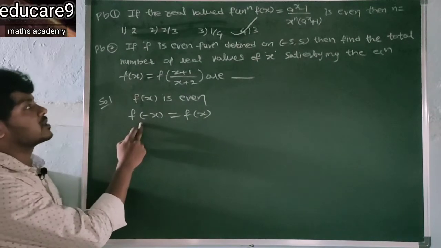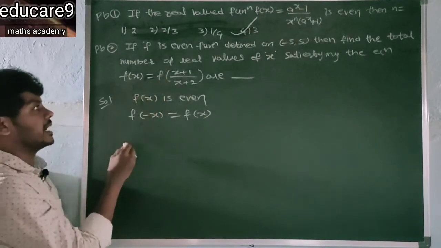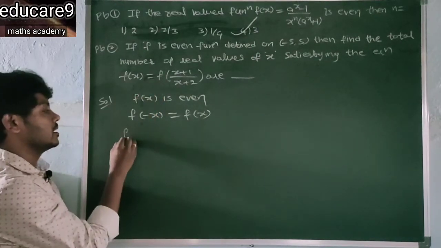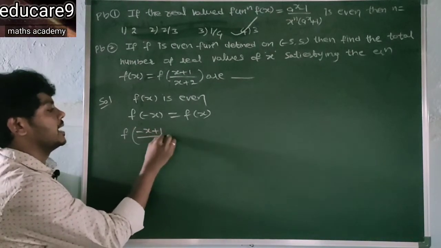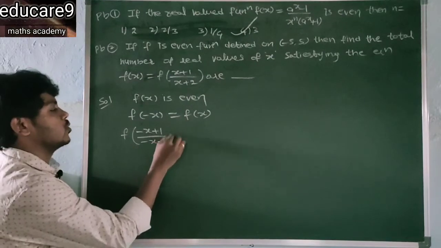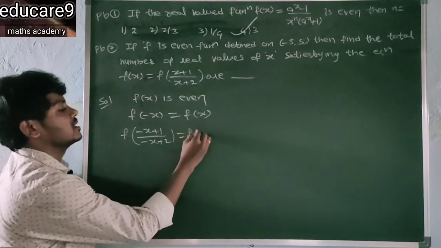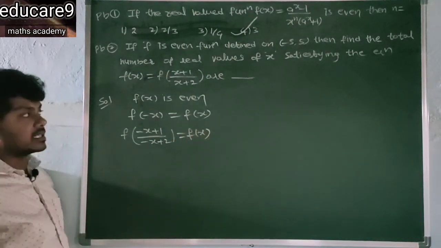So replace x by minus x. What you get? f of minus x is equal to (x+1)/(x+2). So this is one condition.